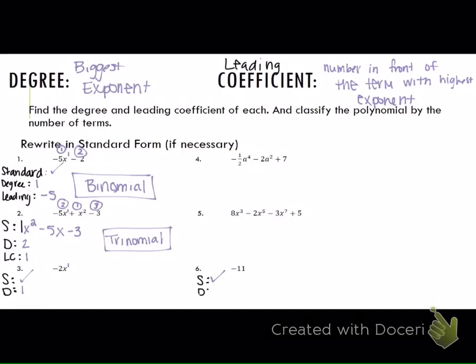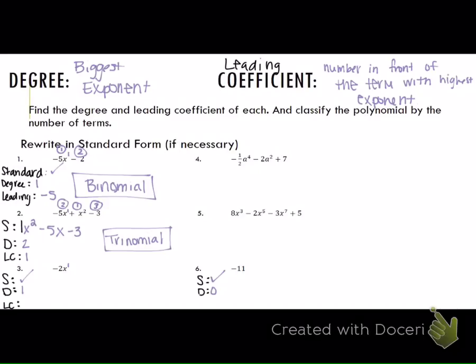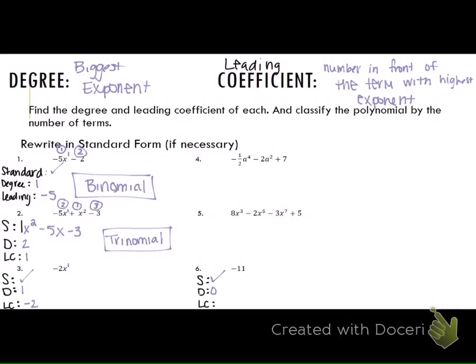What is the degree of number 6 if it's just negative 11? If nothing is there, what number do we use? What does nothing mean? 0. What is my leading coefficient of number 3? Negative 2. What is my leading coefficient of number 6? Somebody said it. Negative 11. What are these ones classified as? These are both monomials.